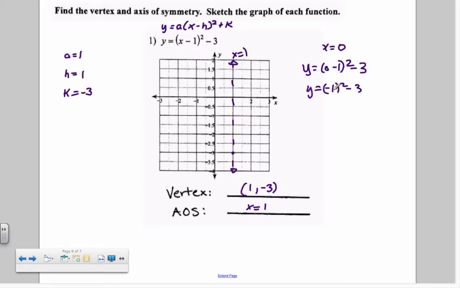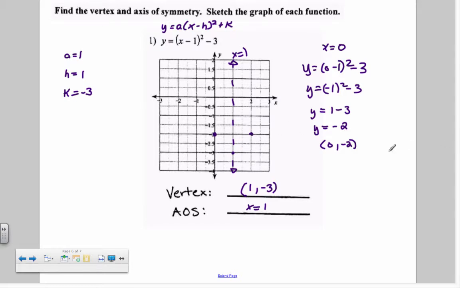Squared minus 3. Negative 1 squared is just 1. And 1 minus 3 gives me a negative 2. So my y-intercept is 0 comma negative 2. I can plot that point at 0 and negative 2. Because I know my axis of symmetry, I can reflect that point over the line: 1, 2, and then 1, 2.